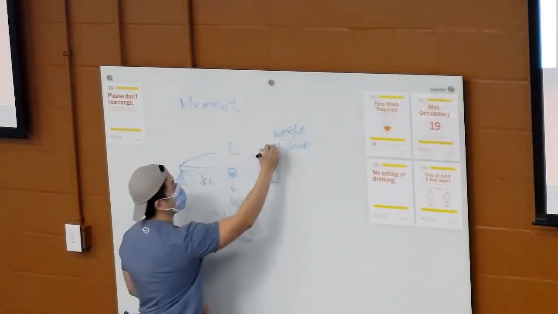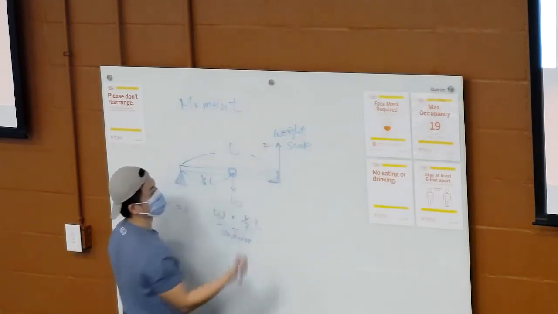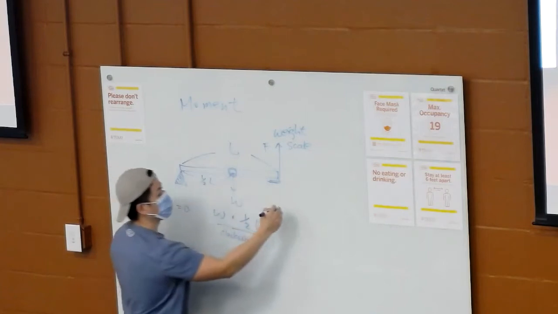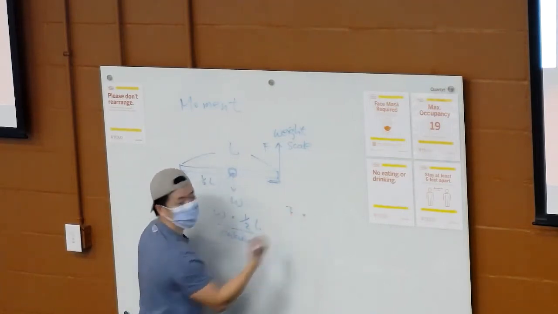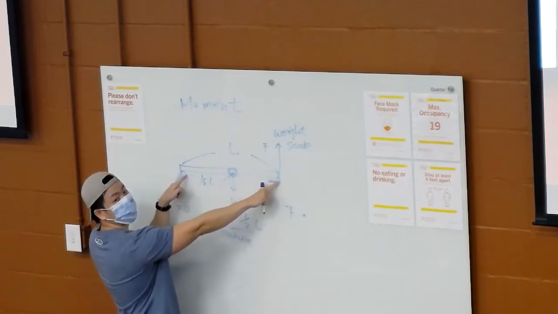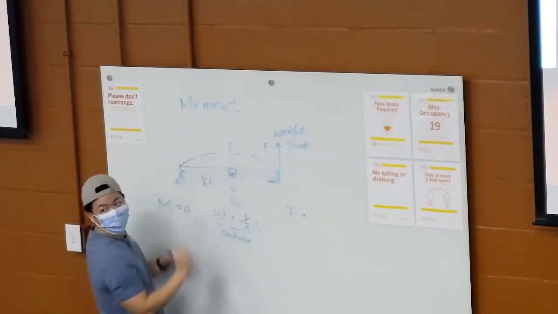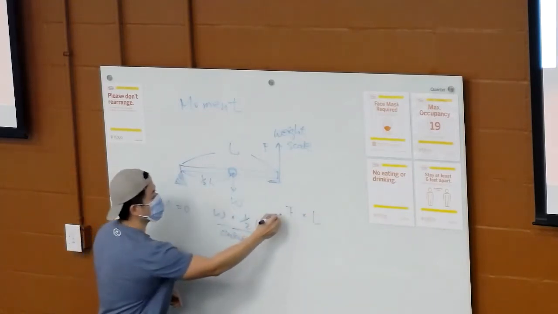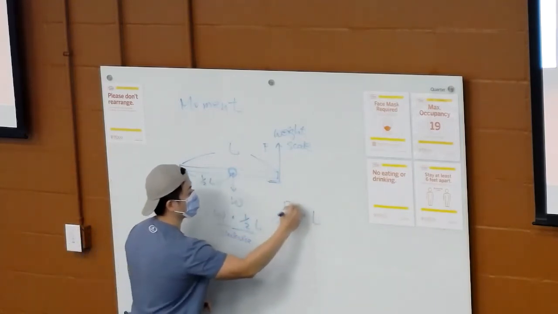And the weight scale will have a force here recorded. And the torque created by that force will be F times what? The distance from the force to the axis of rotation. So that'll be L, right? F times L. And those two should be equal to each other.